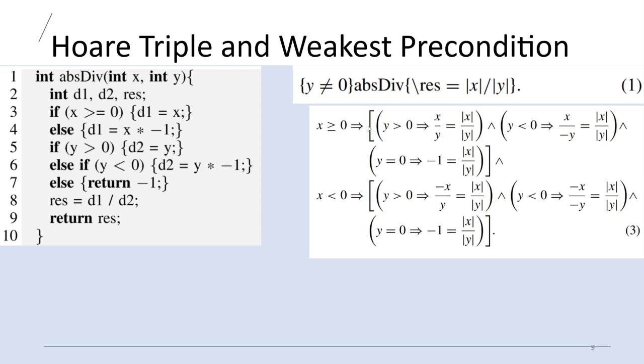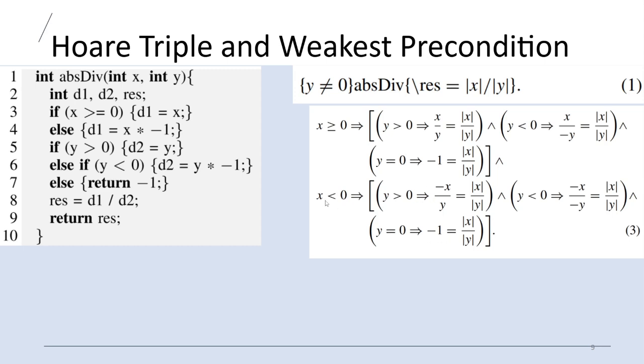If x is greater than or equal to 0 and y is greater than 0, the result is the absolute value of x divided by the absolute value of y. If y is less than 0, the result is still the same, but if y equals 0, then the result value will be -1.